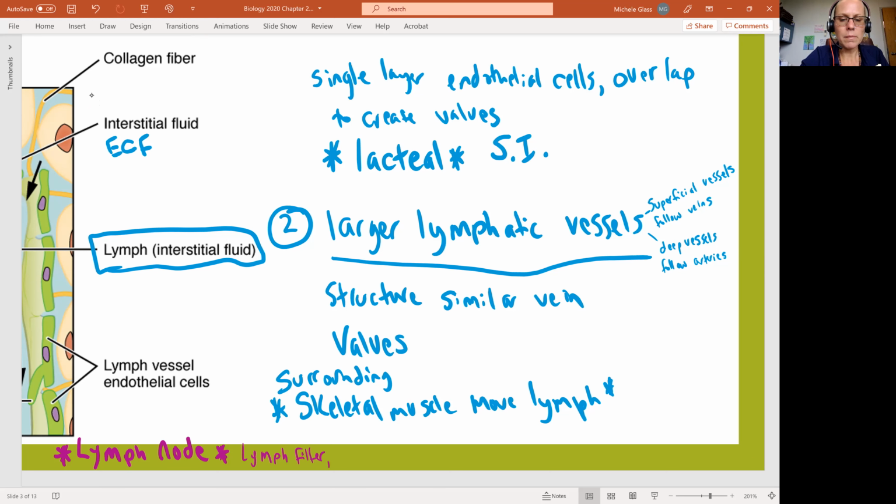You have something like 500 to 600 present in the body, and they're concentrated where you have possible entry and exit of material, because that means possible entrance for pathogens. So this would be, for instance, in your groin area, armpit, and then in both your thorax and abdomen.